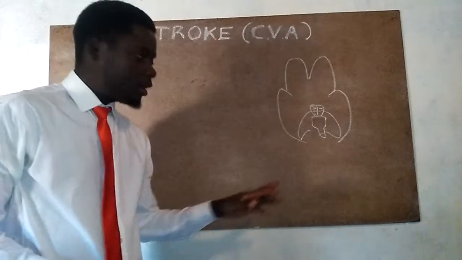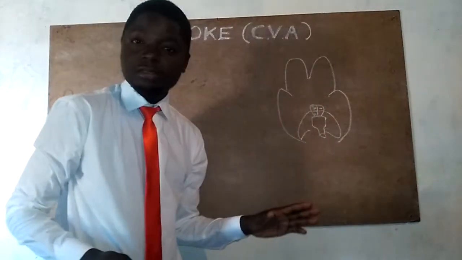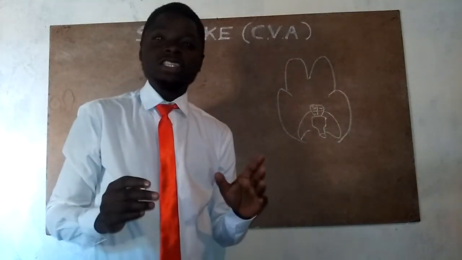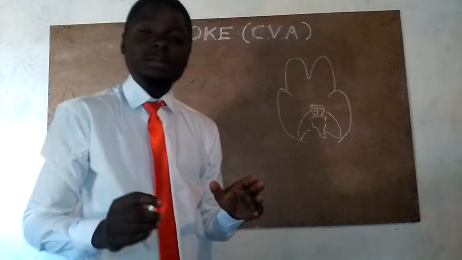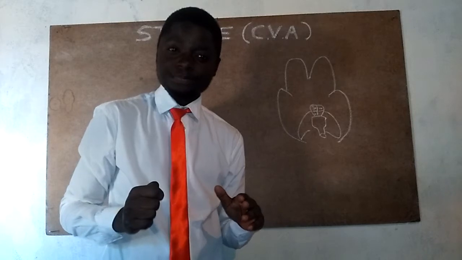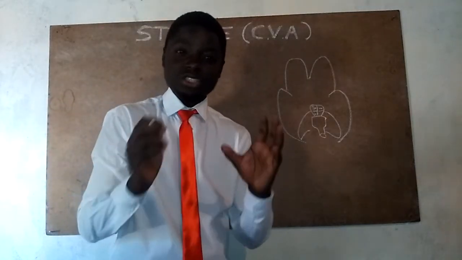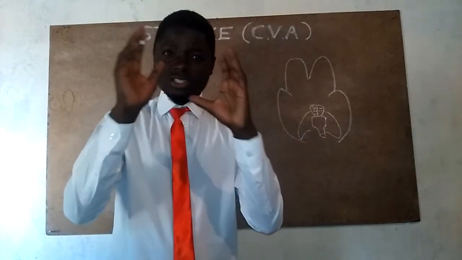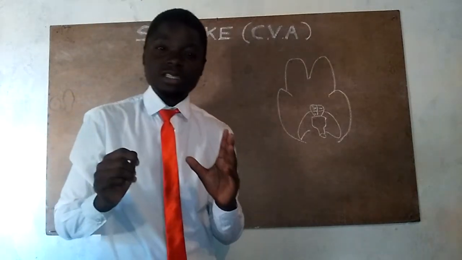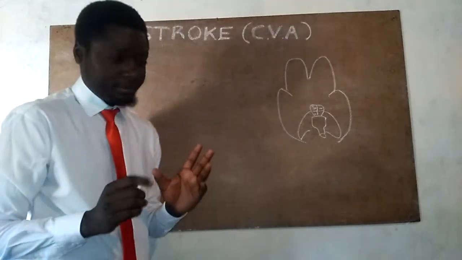This is the brain, this is the brain stem, and then this is the underneath of the brain. And in the brain, there is the circle of Willis that supplies all parts of the brain with the blood that comes from the heart. This circle of Willis comes from a lot of different arteries joining together, forming a circular shape. That's why it was referred to as the circle of Willis, because it forms a circle of arteries in the brain.